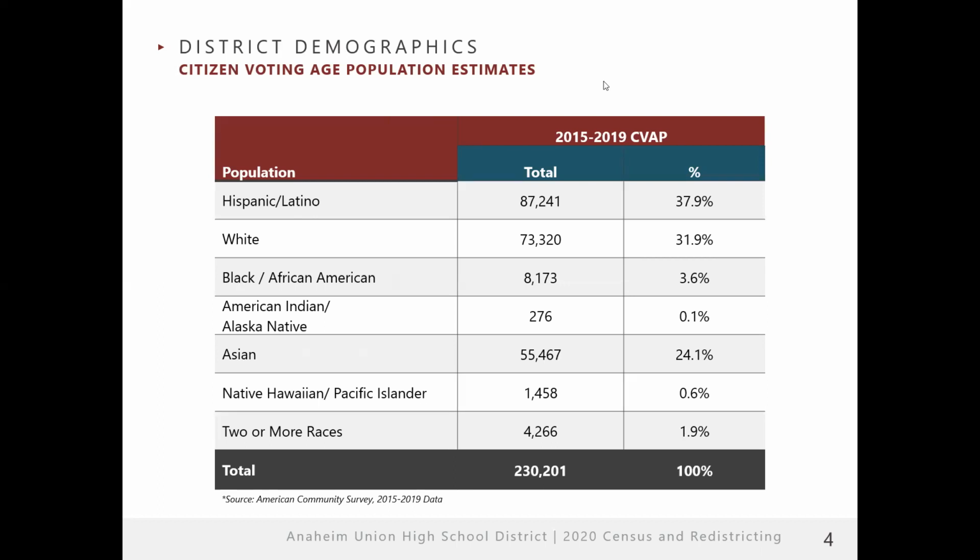It is a measure of voting strength for minority groups, and it estimates the number of eligible voters that qualify to vote based on their age and their citizenship status. Again, the largest protected class based on citizen voting age population are the Hispanic Latino voters, and the second largest is the Asian voters at 24%.